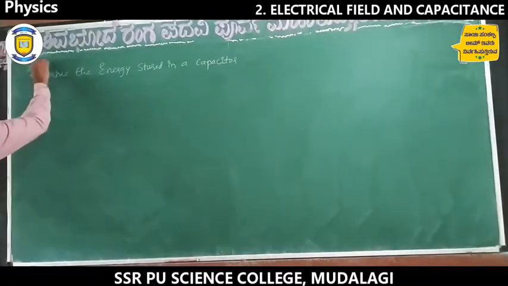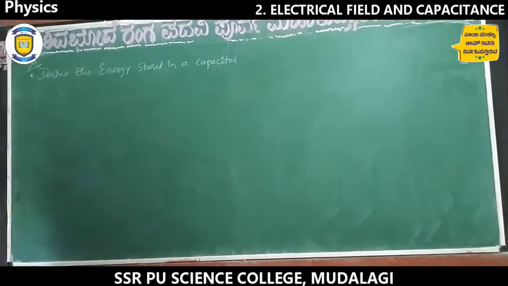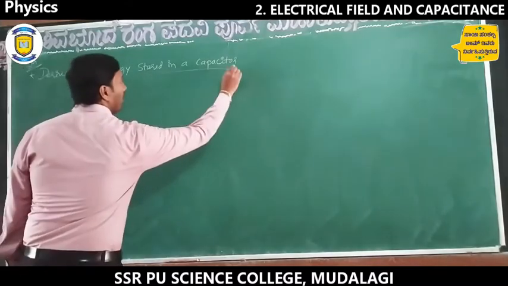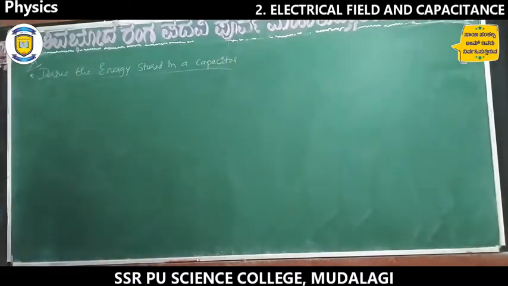It is a 5 marks, very important derivation. Okay. Derive the expression for energy stored in a capacitor.